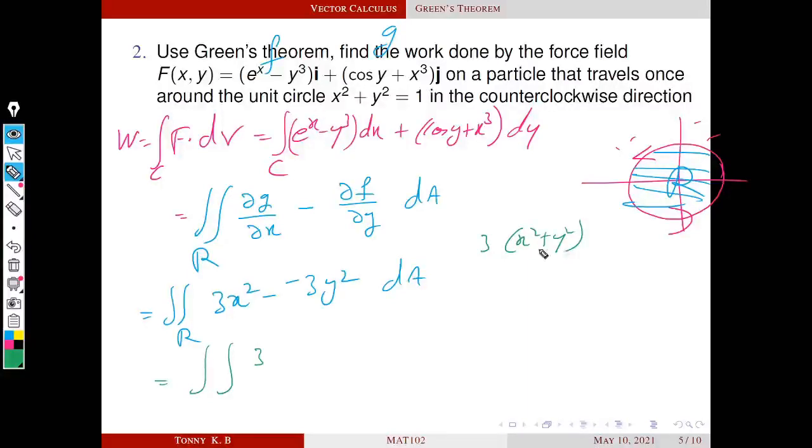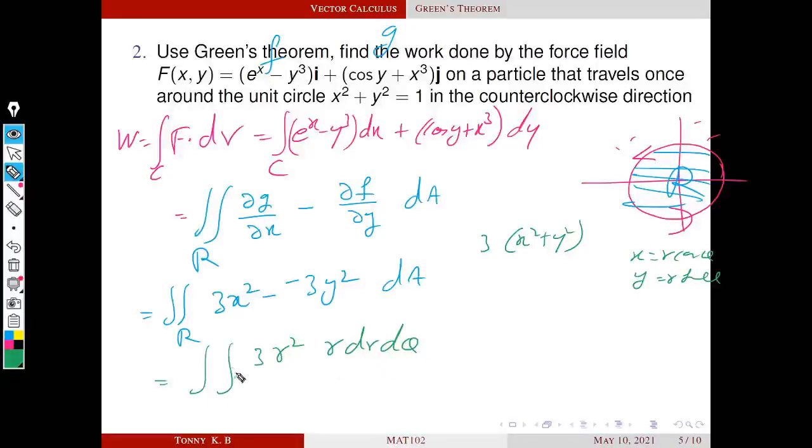In polar representation, we know that x equals r cos theta and y equals r sin theta. So it is clear that x square plus y square equals r square. So this term becomes 3r square. And dA in polar form becomes r dr d theta. So this is our integral.